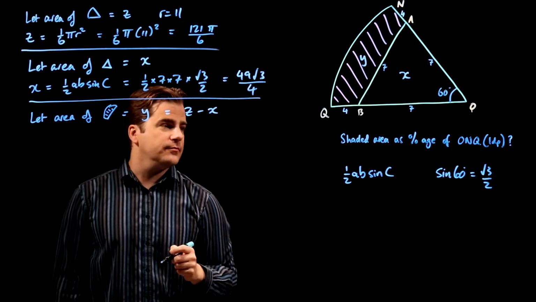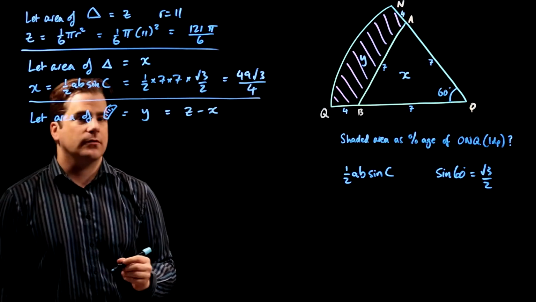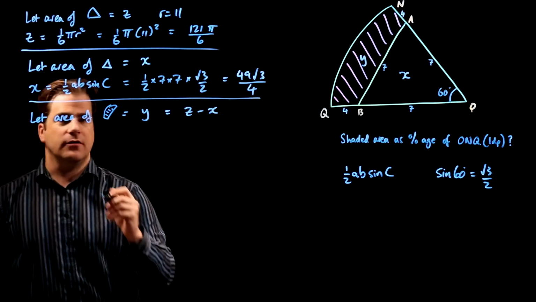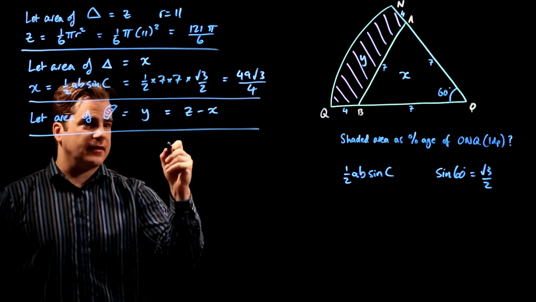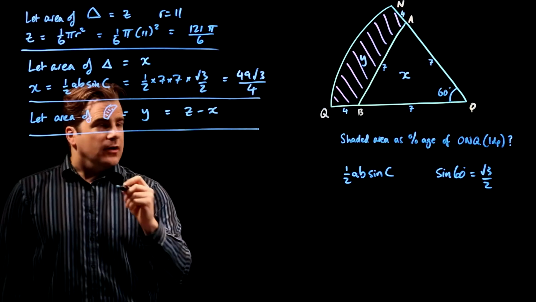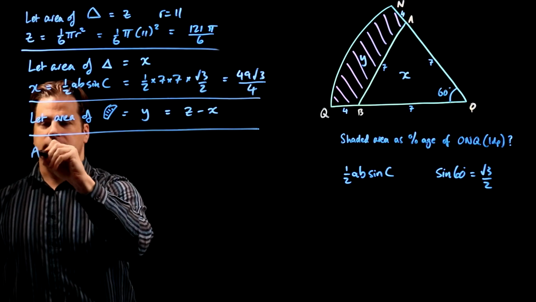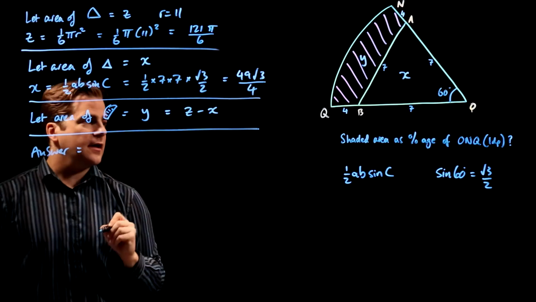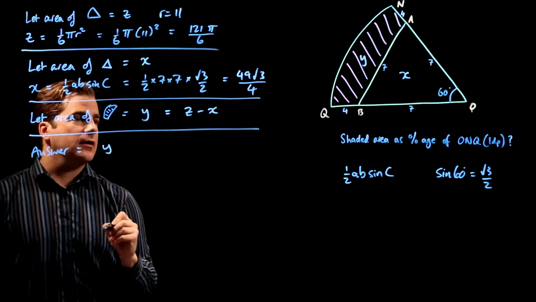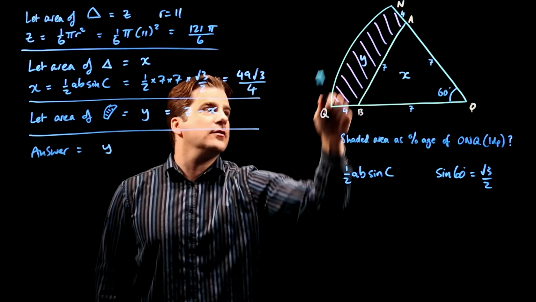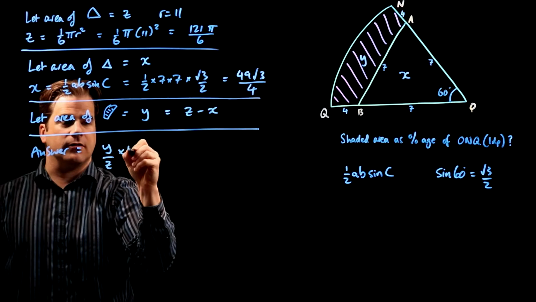Right, so the shaded area is a percentage of OQ. The formula for percentage is take the fraction multiplied by 100. So the answer is the shaded area, that's Y, as a percentage of the whole thing, which is Z, times 100.